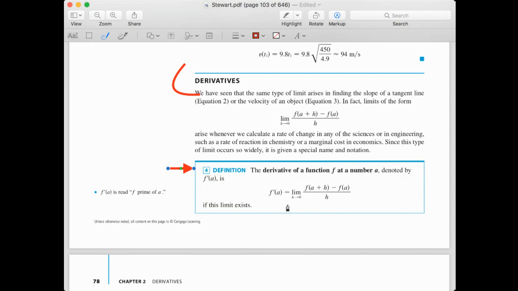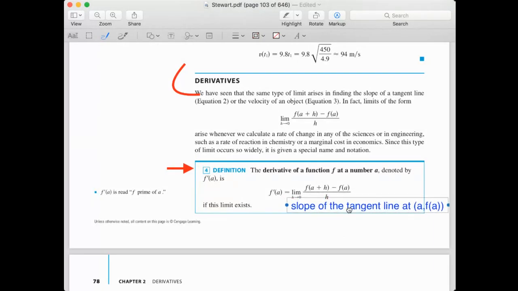One way we talk about the slope. Well, think about the slope of the tangent line. So this side is the slope of the tangent line at a, f of a.